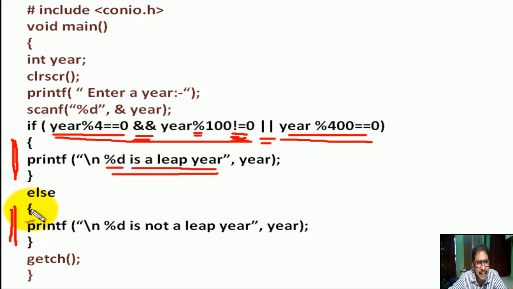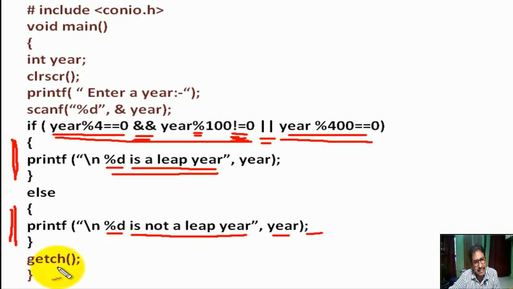Else, printf within bracket within quotation \n means create new line, %d control string, d for integer variable, is not a leap year, comma, year, bracket end, semicolon. If this condition is not correct, then print this statement.